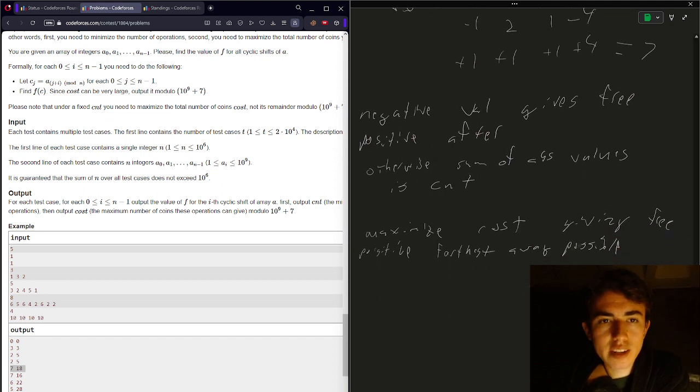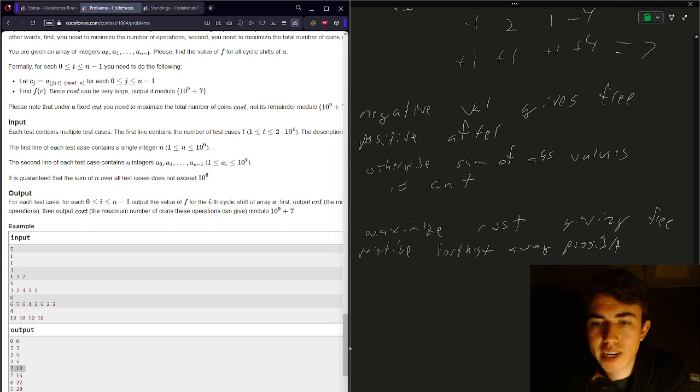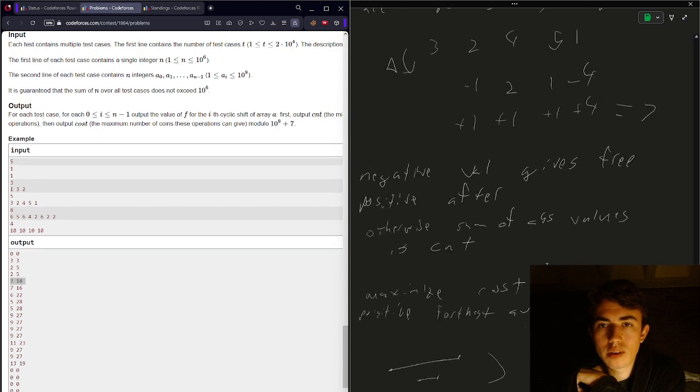We can do this greedily because you're maximizing the sum of squares, and it's always better to pick intervals like this than intervals like this. Okay.